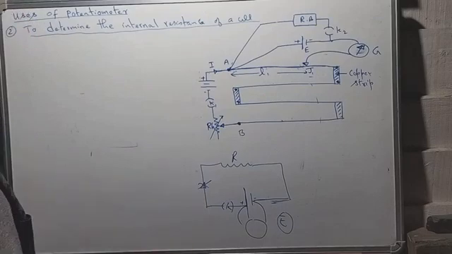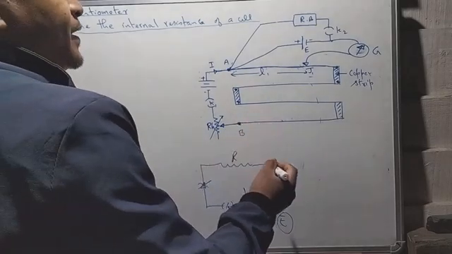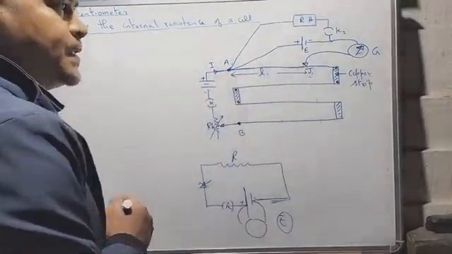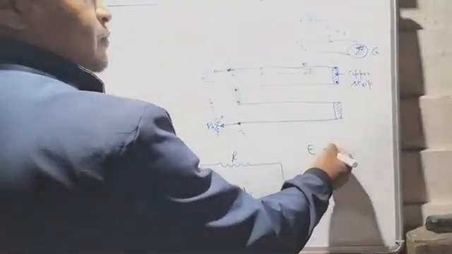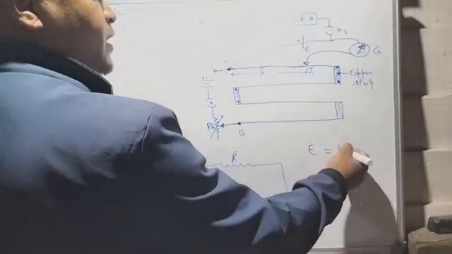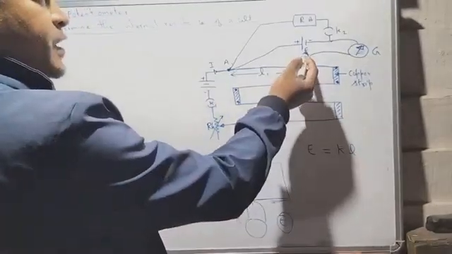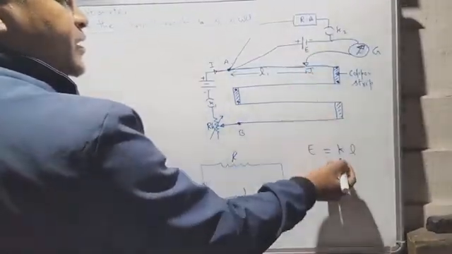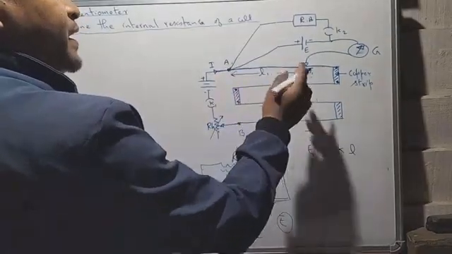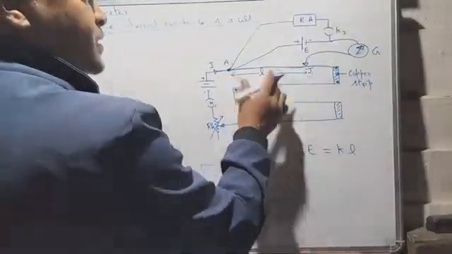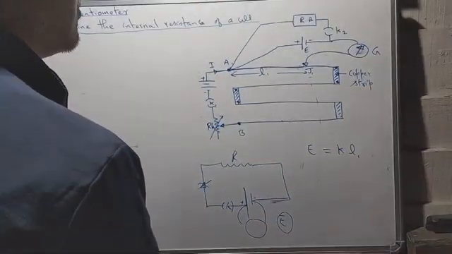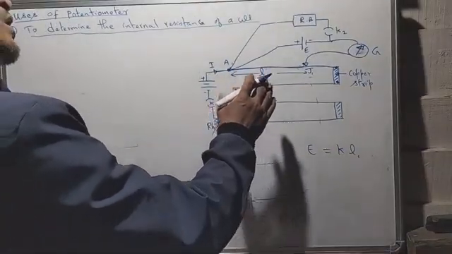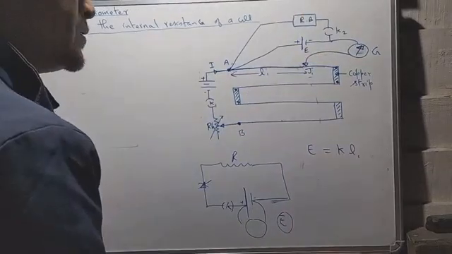So the EMF of the cell can be written, just like before, as KL. But here the EMF is E. This K is a potential gradient, and the L here is the length of this part, L1. So this is the EMF of the cell when the key K2 is kept open.